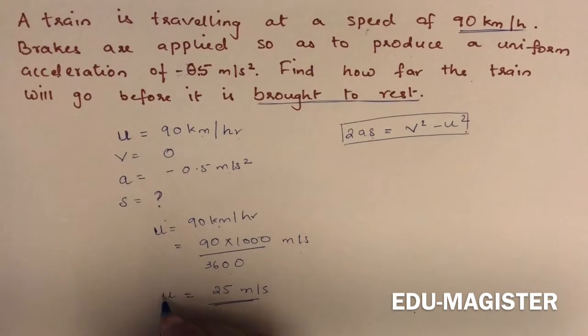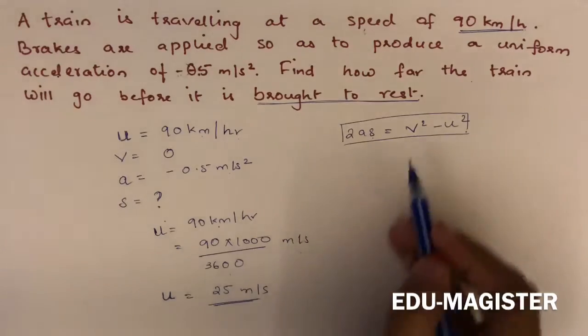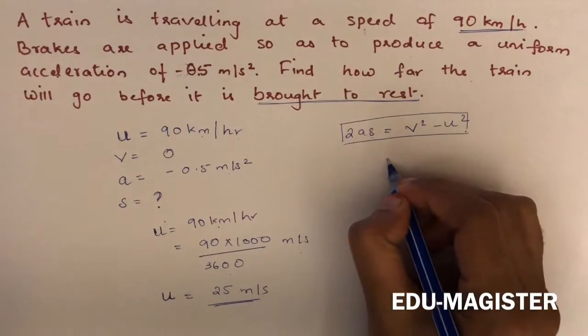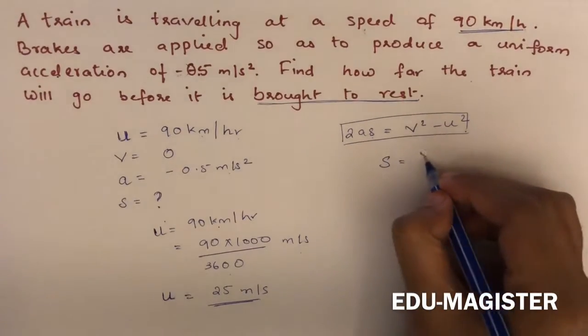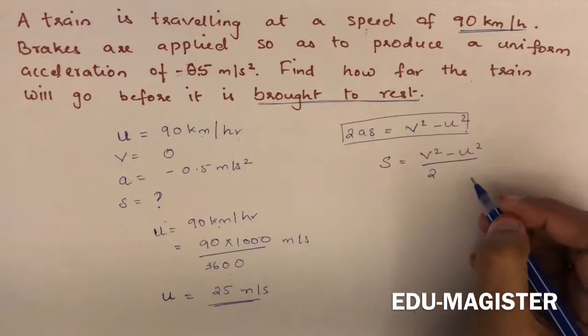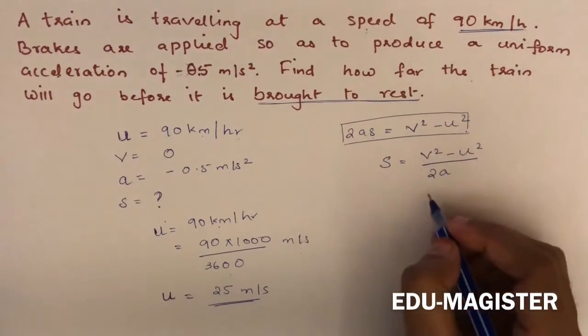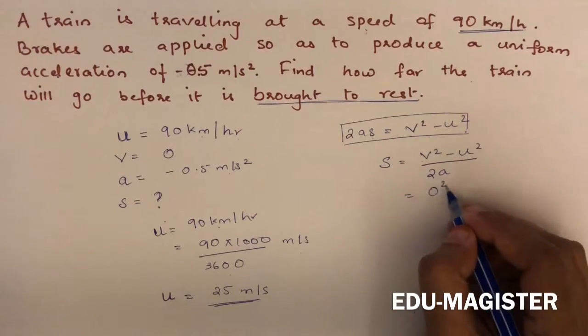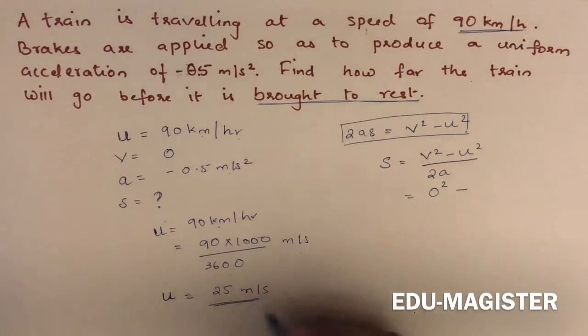So our initial velocity turns out to be 25 meters per second. Now we can use this value in our calculation to find S. So let's find S. S is equal to v square minus u square by 2a, right? V square is 0, 0 square minus u square is 25.